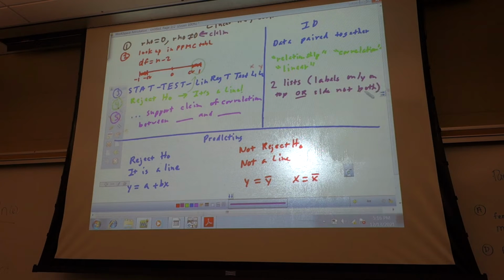And there's two lists. Right, so it goes like X, Y, data, data, data, data, data, data, data, data. Or it might be like this. X, Y, data, data, data, data, data, data, data.